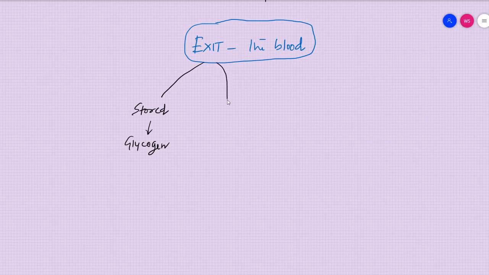How does it exit? What is the other pathway by which it exits the blood? Right, there will be utilization. How is it utilized? What is the main metabolic pathway by which glucose is utilized? Very good, glycolysis.